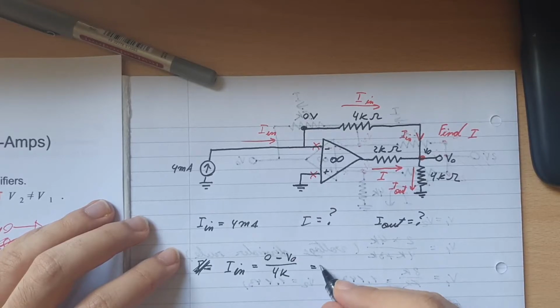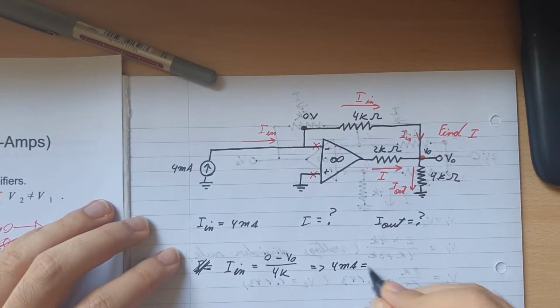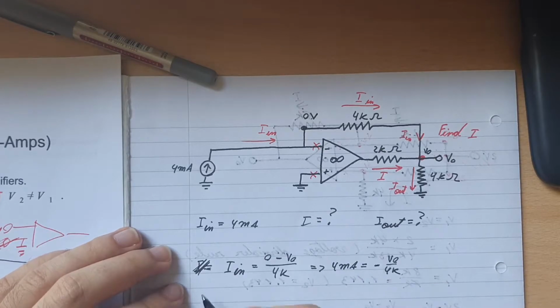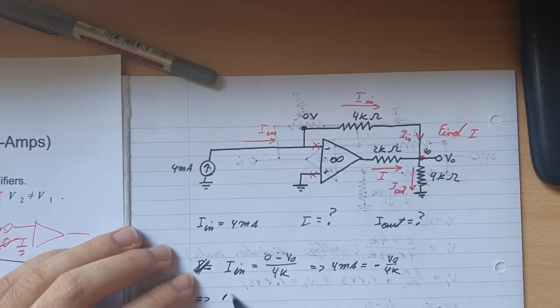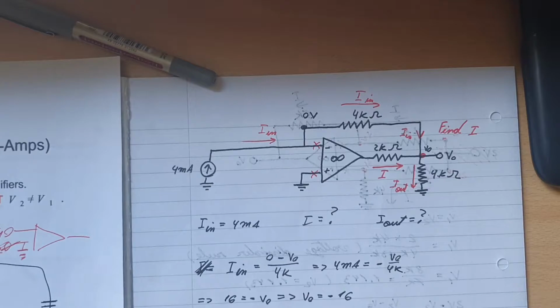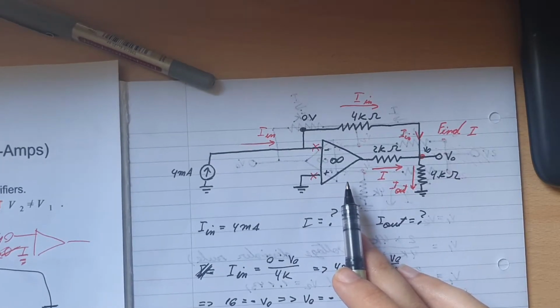Now we replace them, therefore I in we know is 4 milliamps, equal with minus V out over 4k. We do 4k multiplied by 4 milliamps, so 16 will be equal with minus V out, and therefore V out will be equal with minus 16. Alright, it makes sense it's a minus because this is an inverting amplifier after all.